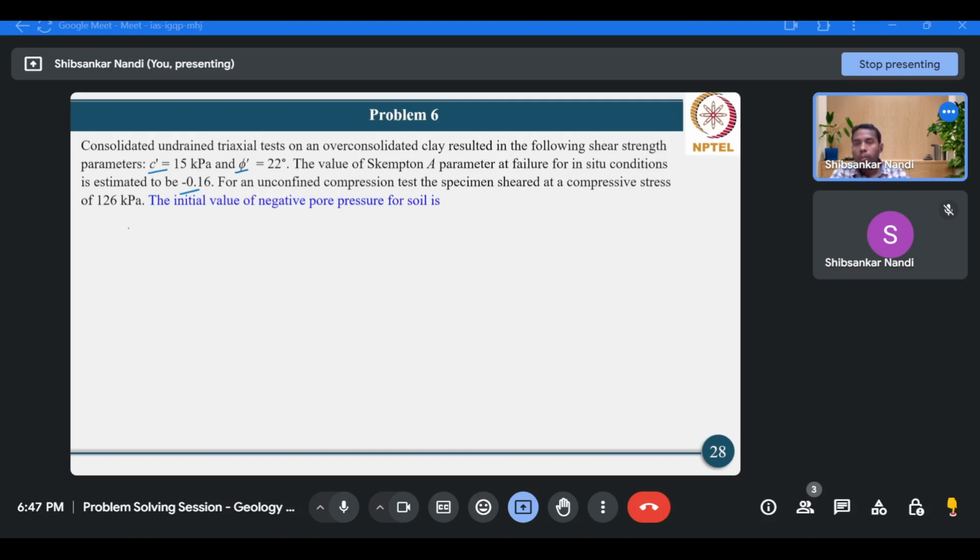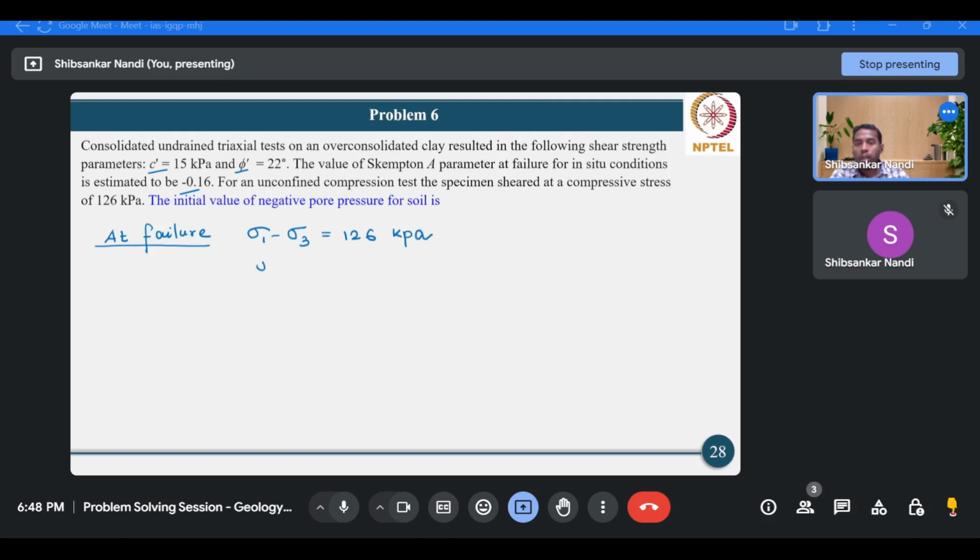So what we'll do first, we'll determine the state of stress at failure. So at failure, your sigma 1 minus sigma 3 is 126 kPa.